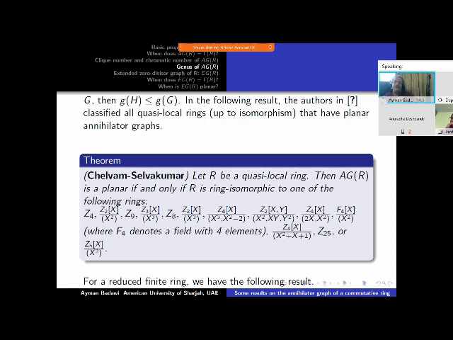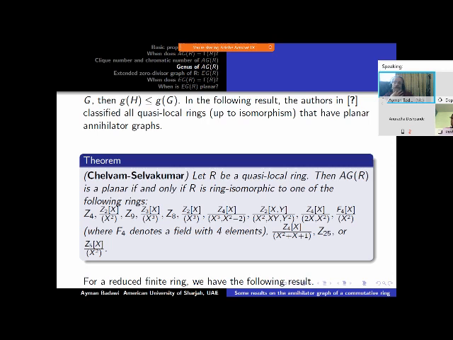All of us know what planar means: you can draw it on the floor where the edges do not cross, except at the endpoints, at the vertices. All of us know that from basic undergraduate graph theory. Then the annihilatory graph is planar if and only if R is isomorphic to these rings.